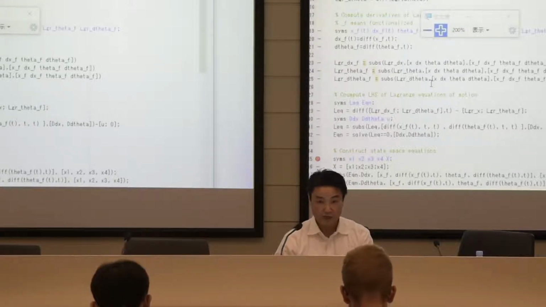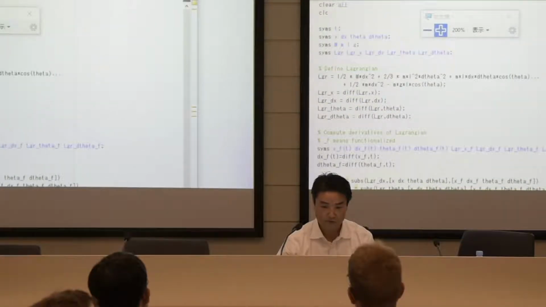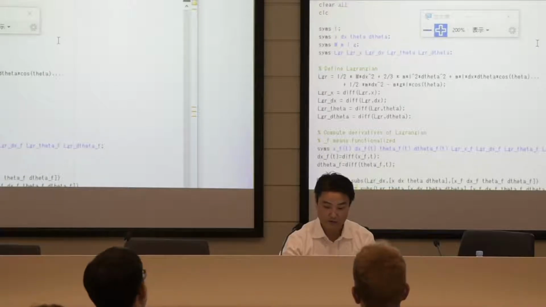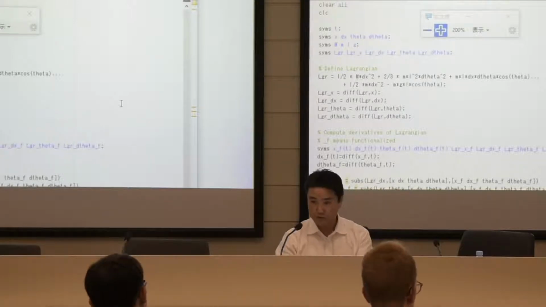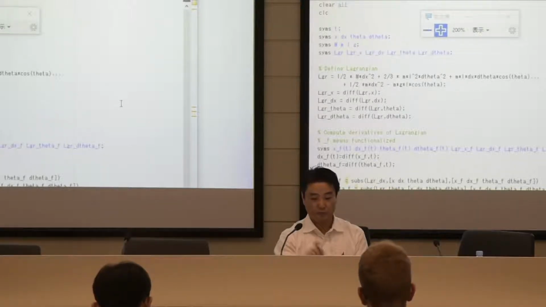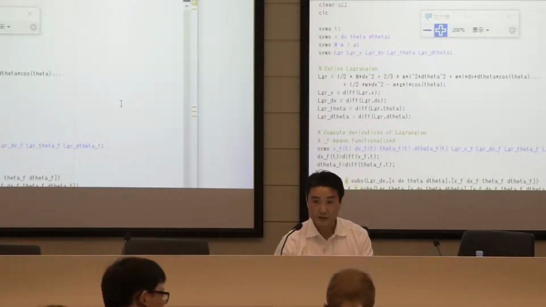For example, to run the program, you often click here, right? But just F5 does the same thing. So when you're working with the keyboard, just push F5. It's much faster.